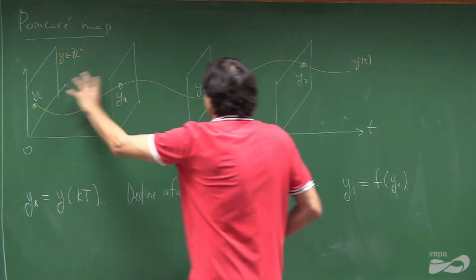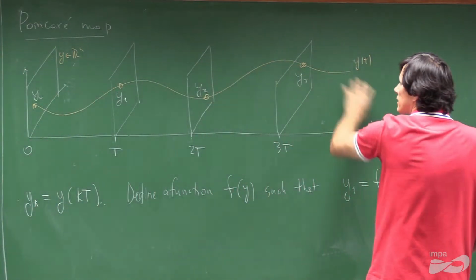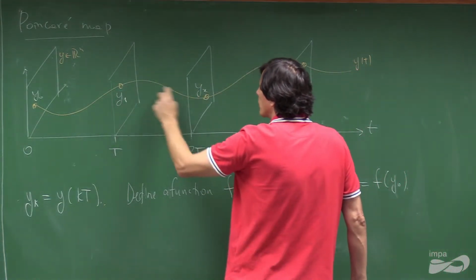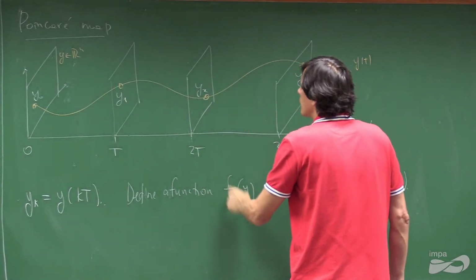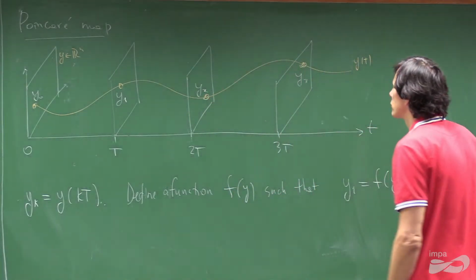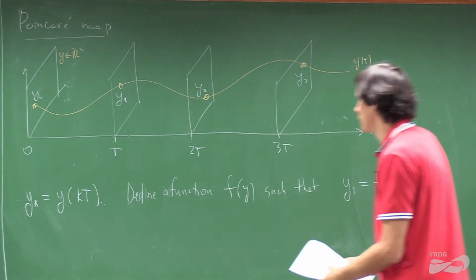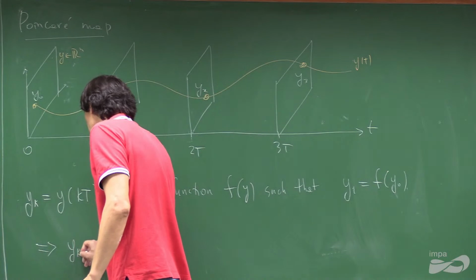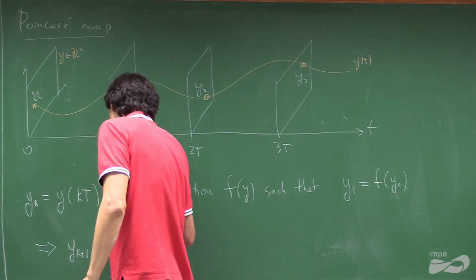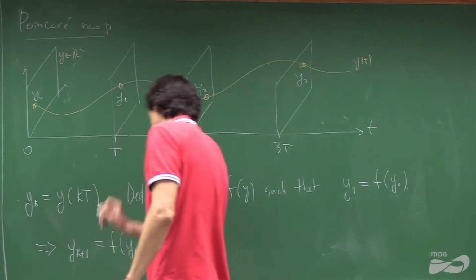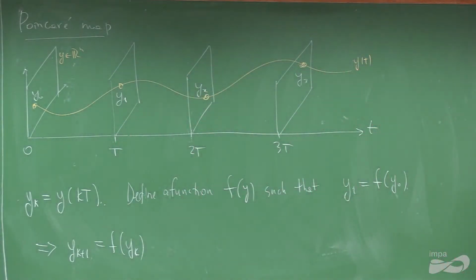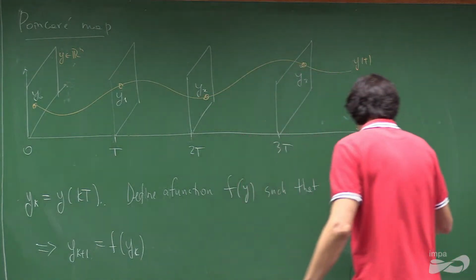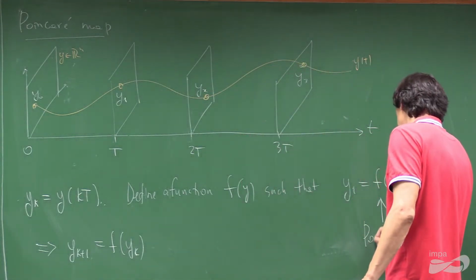The system at every period behaves exactly the same way, which means the relation between y1 and y2 is also given by the same function f, and likewise between y2 and y3. So every yk plus 1 is obtained through exactly the same function from the previous yk. This function is called the Poincare map.